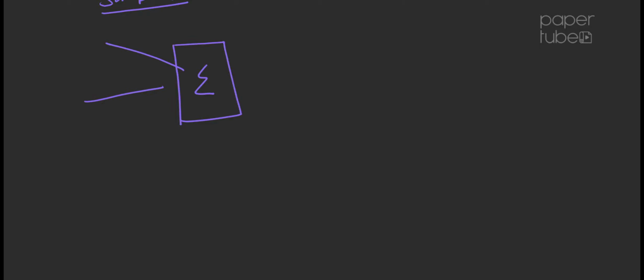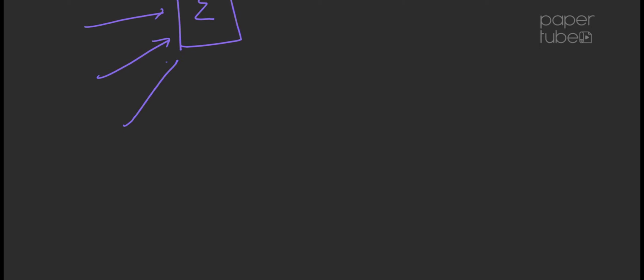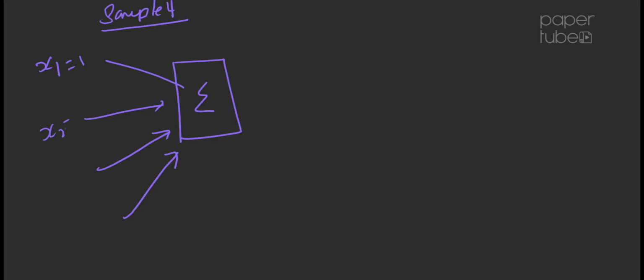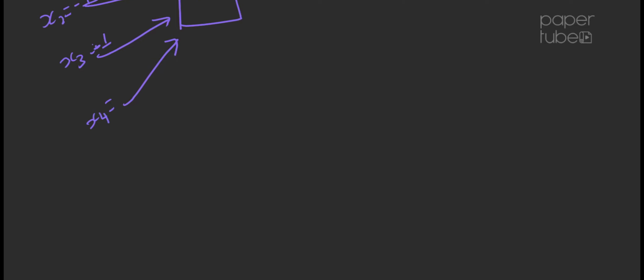So we have sample 4, and let's apply the rules that we know: x1, x2, x3, x4. x1 is equal to 1, x2 equal to -1, x3 equal to -1, and x4 equal to +1. And then let's add the weights there.